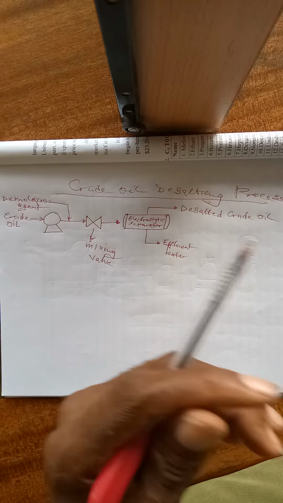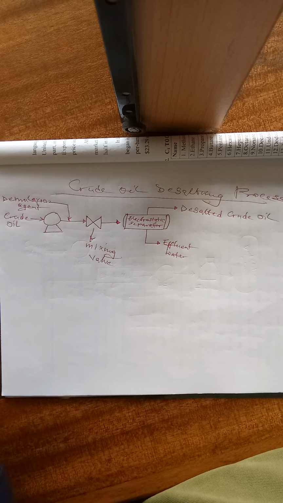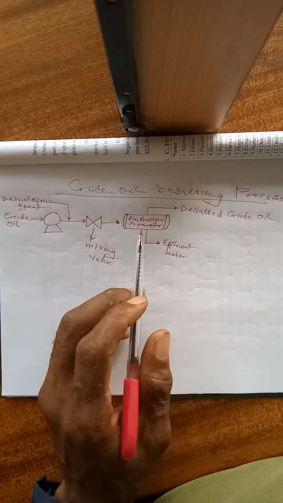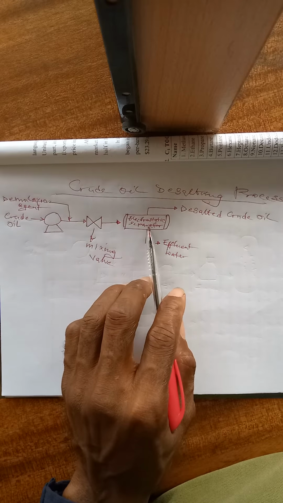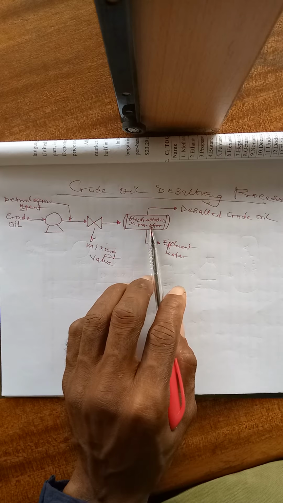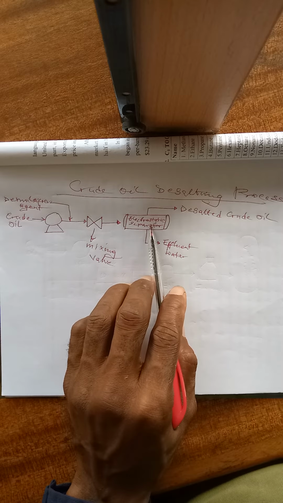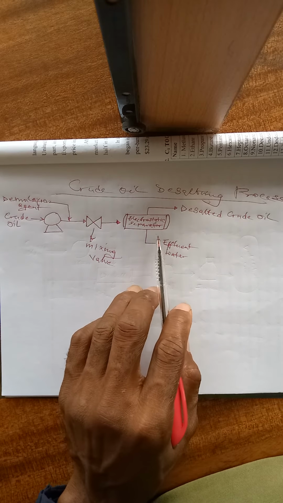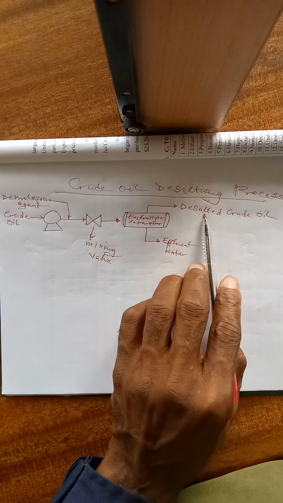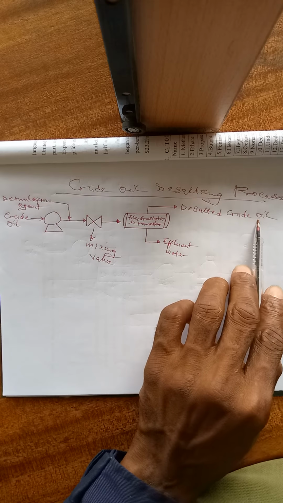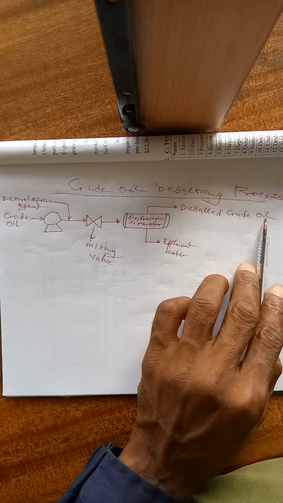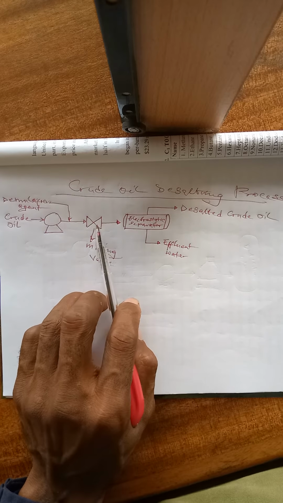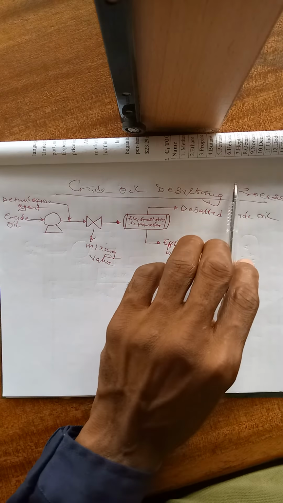Okay, so if the desalting process is needed again, the actual thing that you need to do at this particular point is to add another quantity of fresh water to this particular product you are getting, the desalted crude oil, and after that you pass it through another mixing valve before it gets to a desalter again.